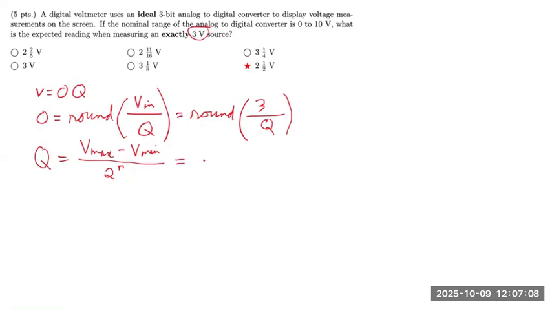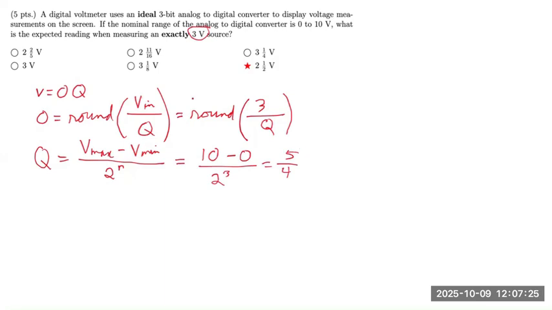Vmax is 10 volts, Vmin is 0 volts, and n is 3. So we have 10 over 8, which is 5 over 4.